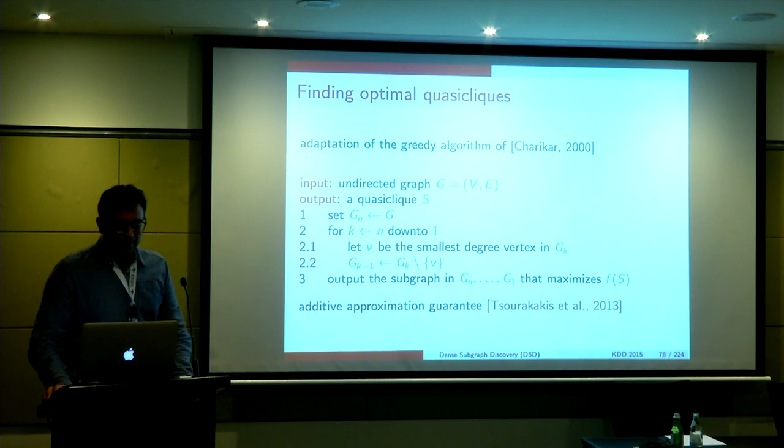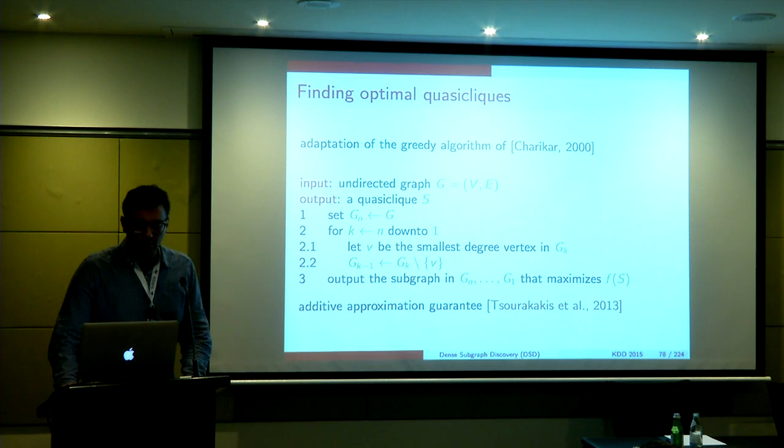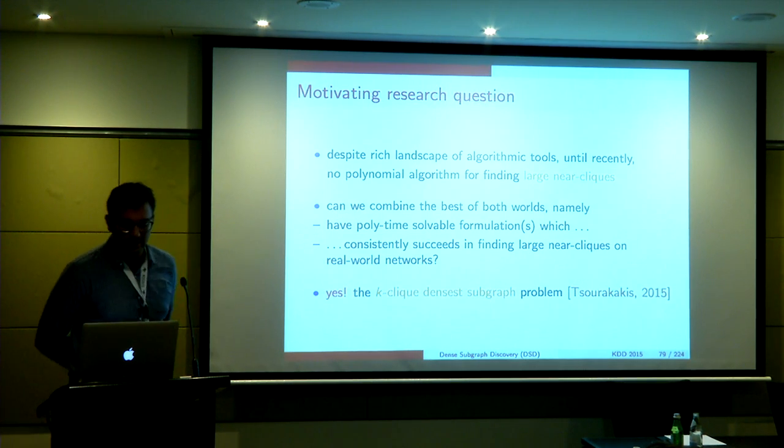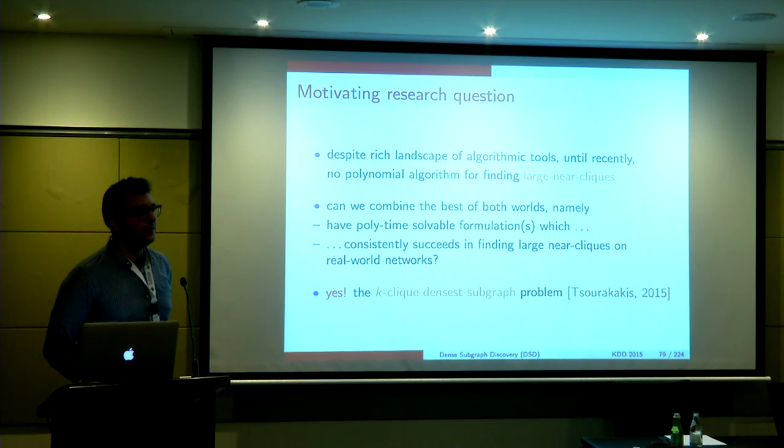For the optimal quasi-clique problem, there was an adaptation of the Charikar algorithm. The idea is you remove the smallest degree vertex, and then you can show some approximation guarantees for this problem. I won't discuss that, but I would like to discuss in further depth what we've seen.